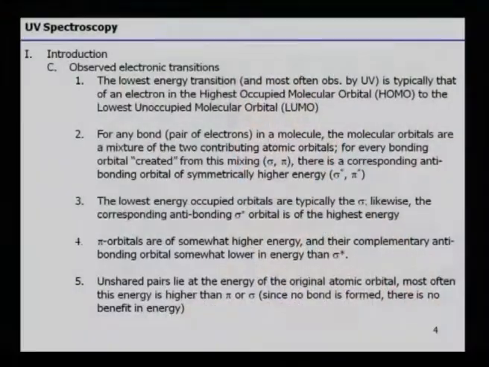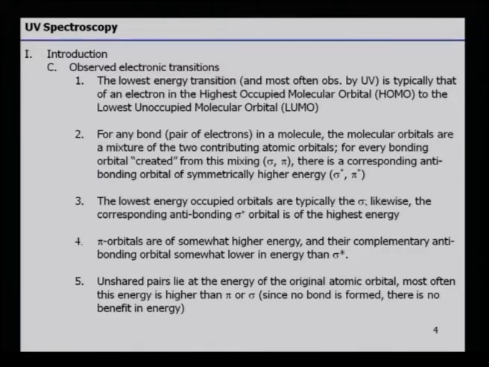The nomenclature, the way we call these orbitals, has slightly changed, because a little more advanced information needs to be given to you. For any bonding pair of electrons in a molecule, the molecular orbitals are a mixture of two contributing atomic orbitals. For every bonding orbital created from this mixing, sigma and pi, there is a corresponding antibonding orbital of symmetrically high energy, called sigma star and pi star.